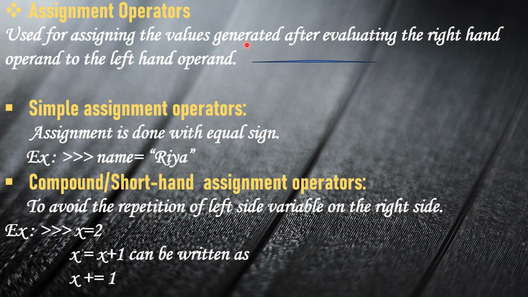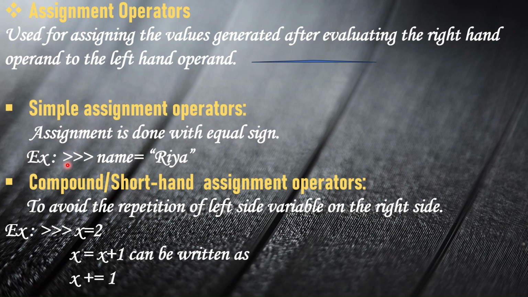The first operator is the assignment operator. As the name itself says, this operator is mainly useful for assigning the value generated after evaluation of the right-hand operand to the left-hand operand. In assignment operators, we have 2 types: simple assignment operators and compound, or shorthand, assignment operators. In simple assignment operators, assignment is mainly done with the help of the equal sign.